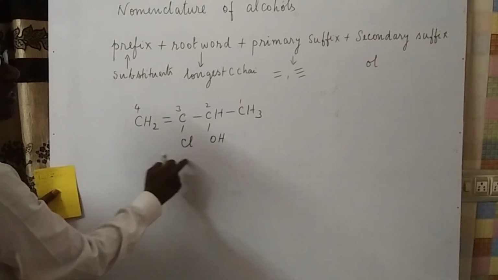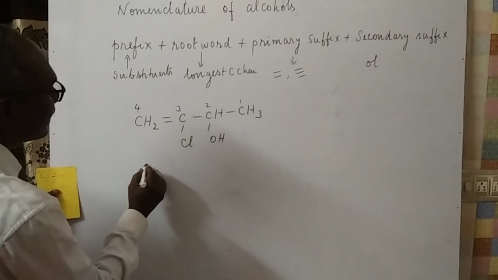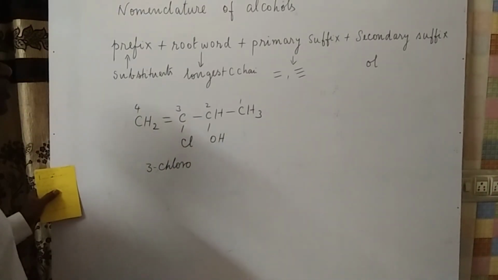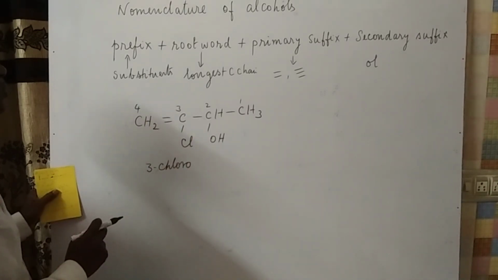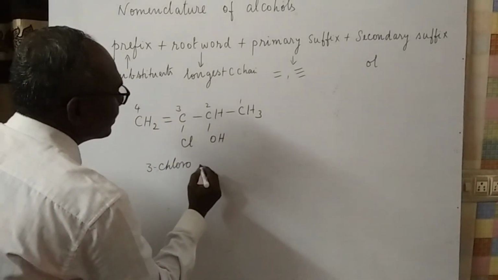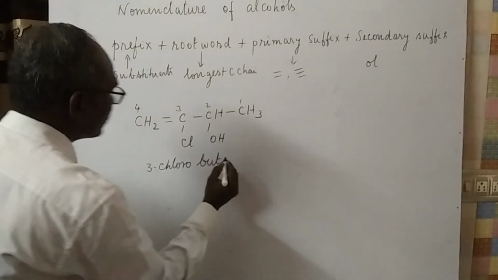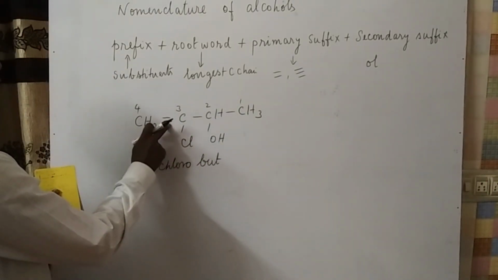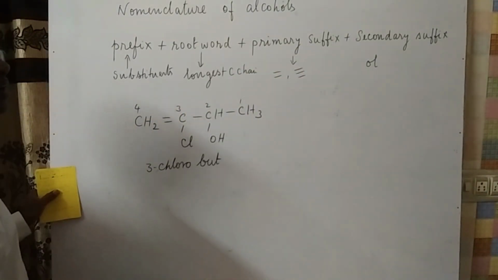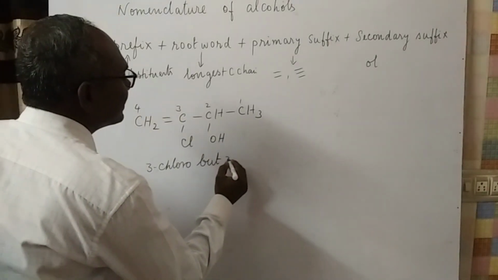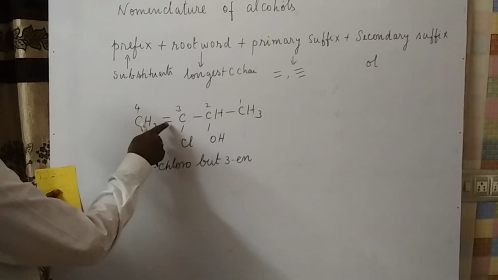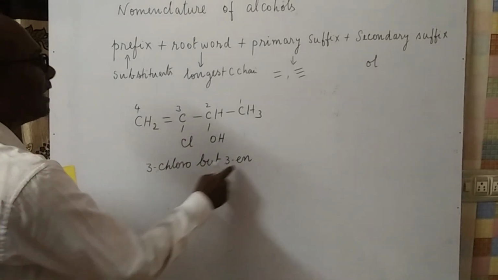Here the substituent is chlorine. Therefore 3-chloro, the chlorine is attached to the third carbon. It is 4 carbons, therefore but. And the primary suffix speaks about whether a double bond or triple bond is there. So 3-ene, because in the third position the double bond is present.